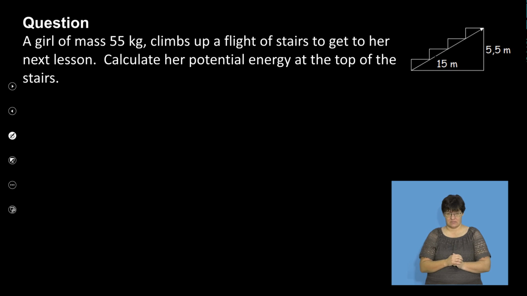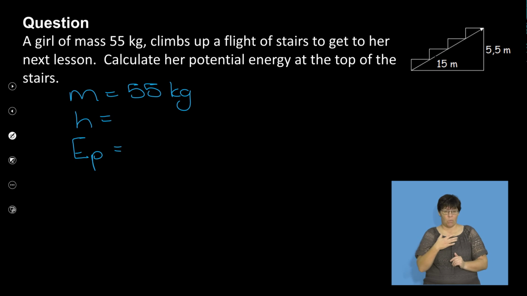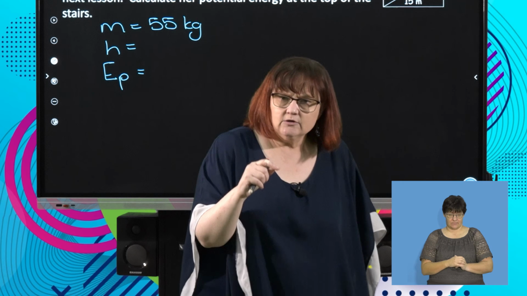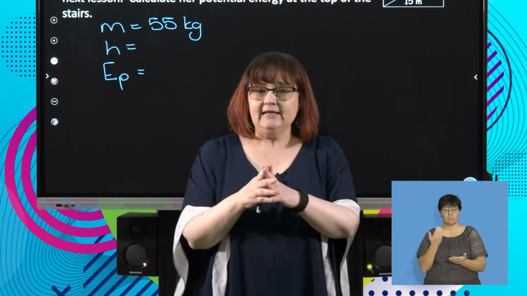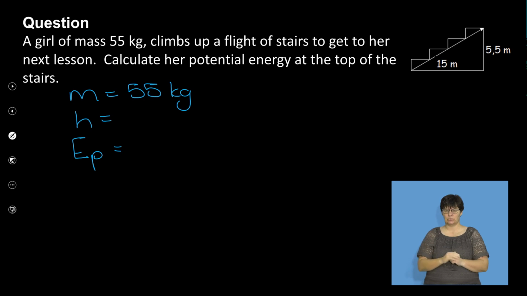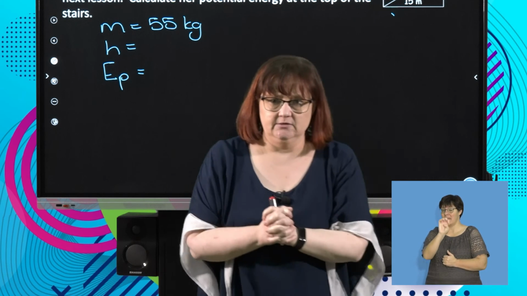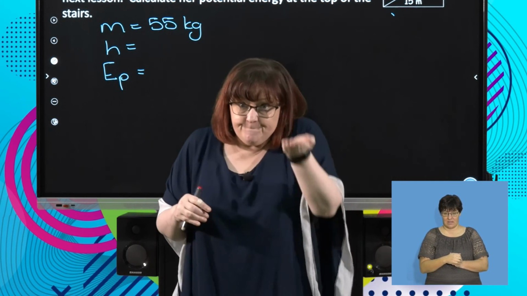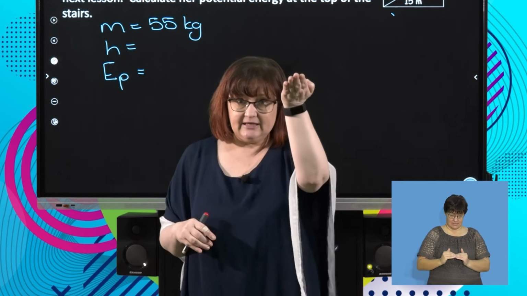So when we look at this, we know mass is 55 kilograms. I'll talk about the heights in a second. We want potential. In order to work out potential, I need to know height. I've got two values, a 5.5 and a 15. When I look at potential energy, it's vertical height, perpendicular height.